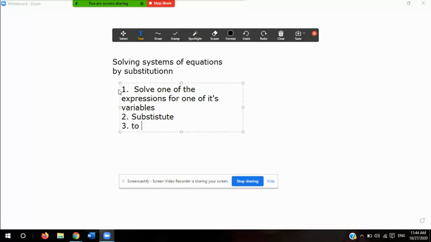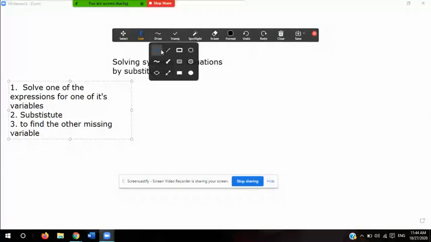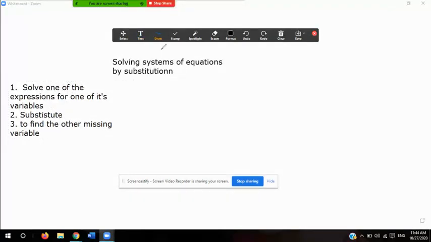In your textbook, the example that is given to you is the equation 2x plus 5y equals negative 5. Actually, let me clear all the drawings. That way I'm going to put everything into perspective, and we're going to go straight into substitution.